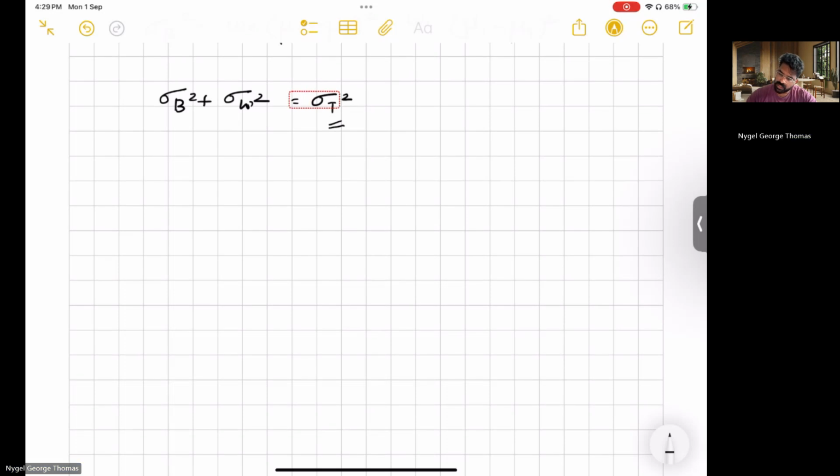So if we are trying to minimize the within class variance, then if we maximize sigma b squared, it basically gives the same result. So between class variance is much easier to optimize. How do we get this relation? We can try and prove this, which we can work out.